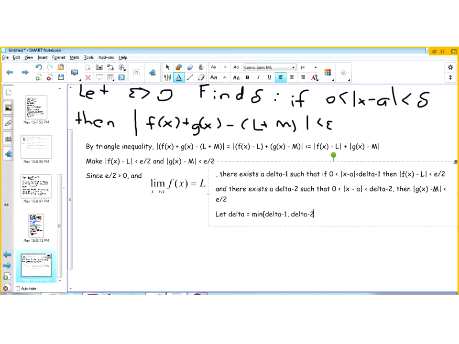So now we have two deltas, so let delta equal the min of delta 1 and delta 2. Now we need to solve for delta in terms of epsilon.